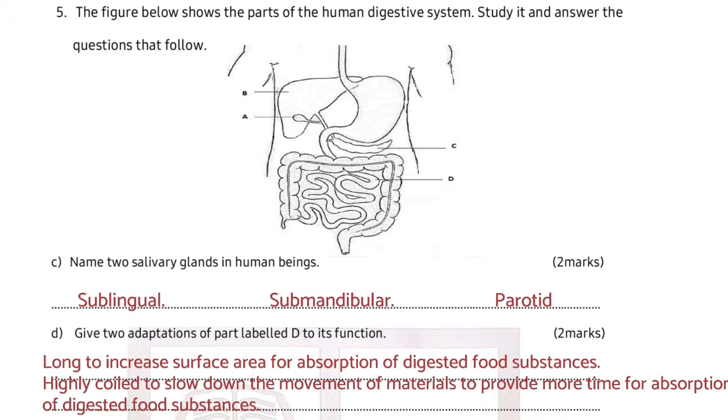Number three is that it has villi and microvilli to increase the surface area for absorption of digested food substances. Now, with every single point, notice how I am linking the structure to the function. And that is how adaptations are stated. Okay, you talk about a specific structure that this part has and how it enables that part to perform its function efficiently.